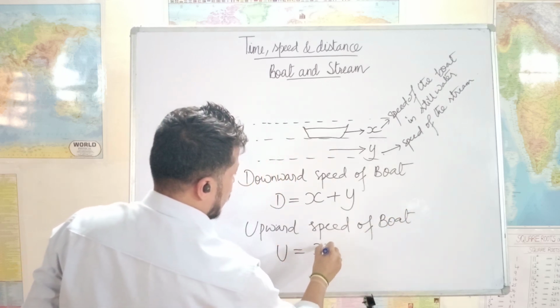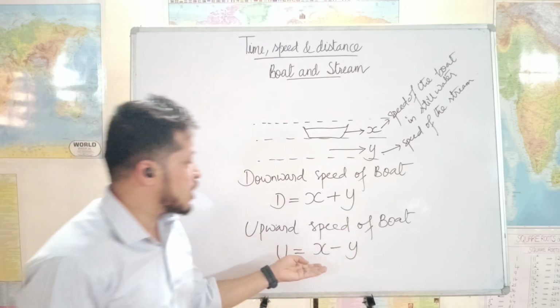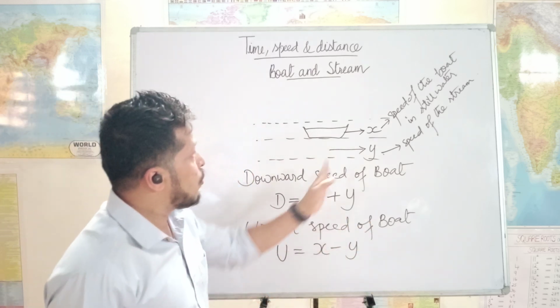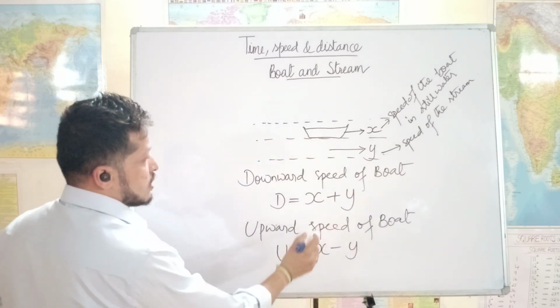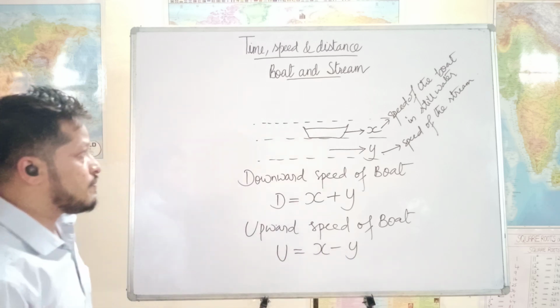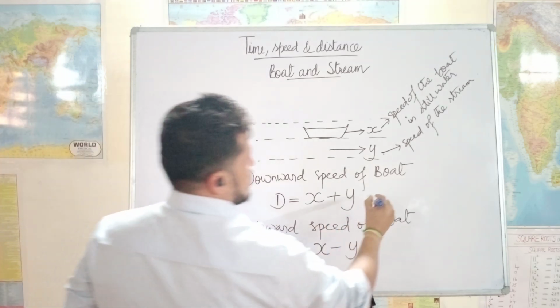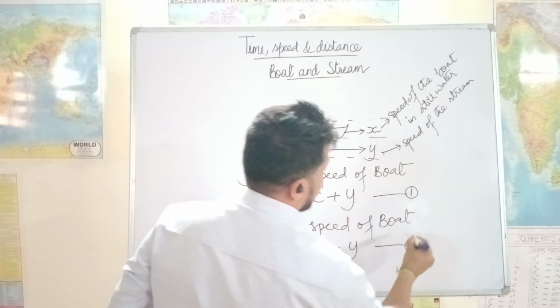That will be x minus y. So obviously the speed of the boat has to be more, so that boat moves forward. Otherwise boat will be traveling in the reverse direction. So considering the speed of the boat is more, it will be x minus y. Now let's say this is equation 1 and this is equation 2.